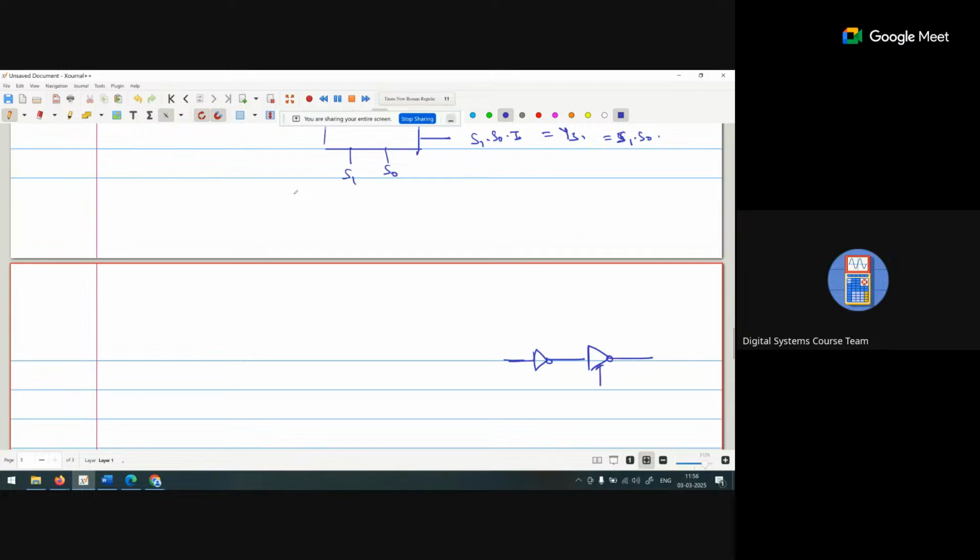At this particular point, I control this one with Y0. If I connect here I0, we get I0 bar, and here we get I0, depending on Y0.